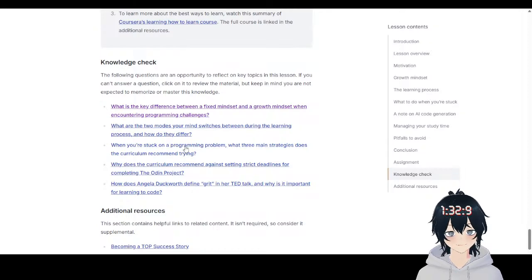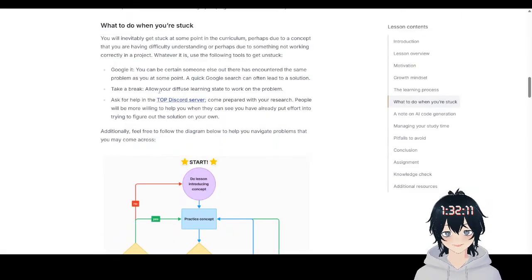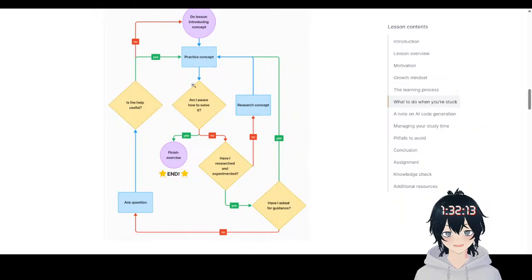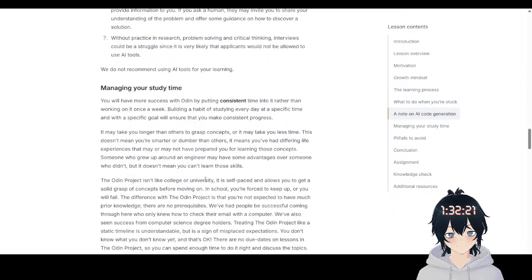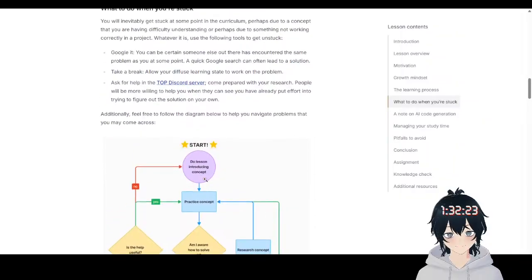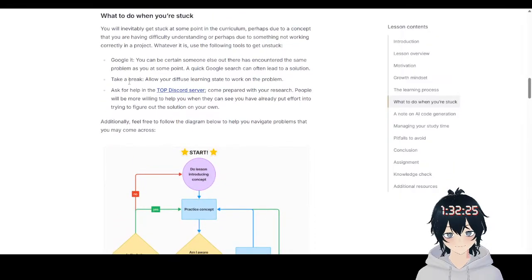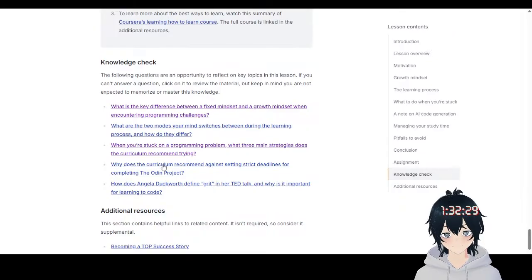And what's the last one? Ask for help, yes. Research, Google, yes. And what else? Take a break. Okay, yes. Cause stress. You stress, you skip some topics that might be important. Okay.